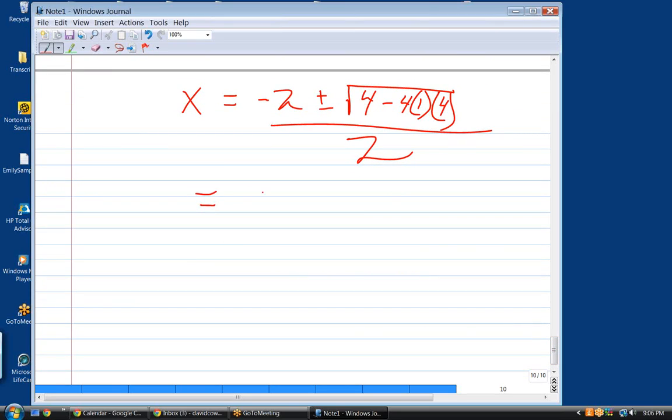Simplify. Okay, so it's going to be negative 8. Would it be negative 4? Hold on. The square root of negative 4?